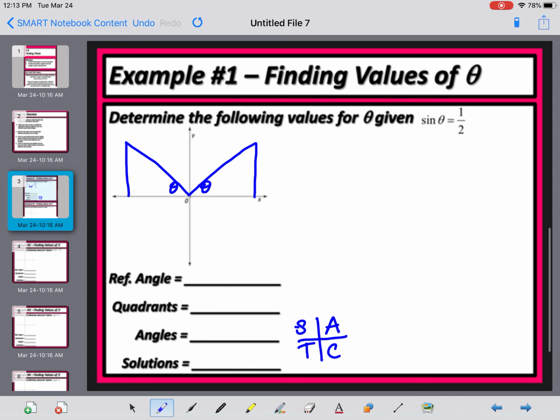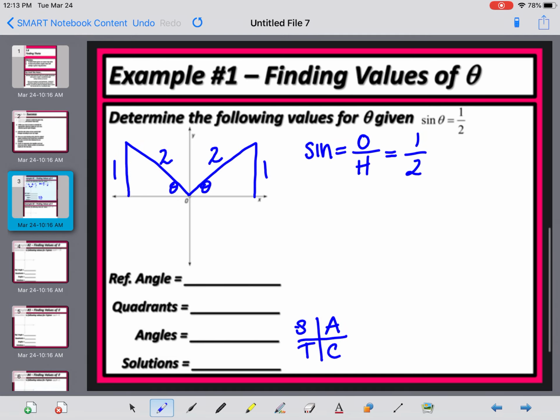Now sine equals opposite over hypotenuse. If I relate that to the 1/2 that I'm given, this tells me that opposite my theta must be 1, and my hypotenuse must be 2.